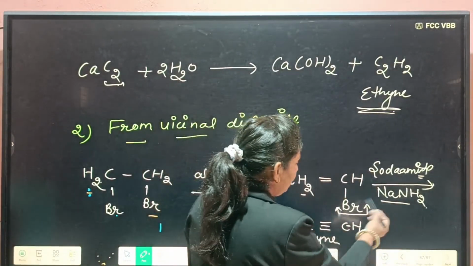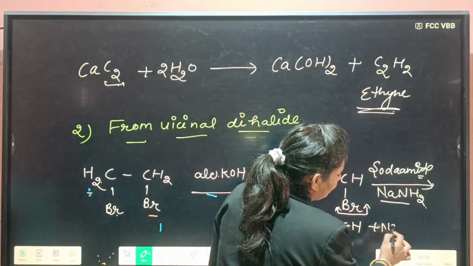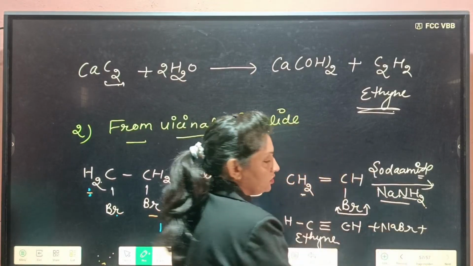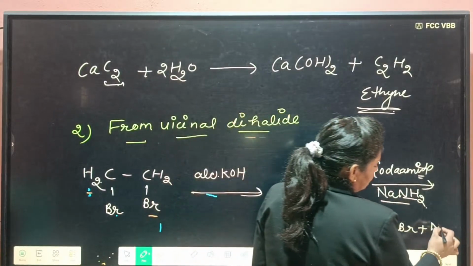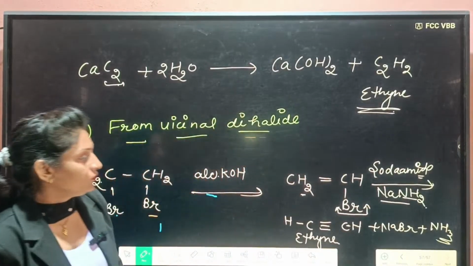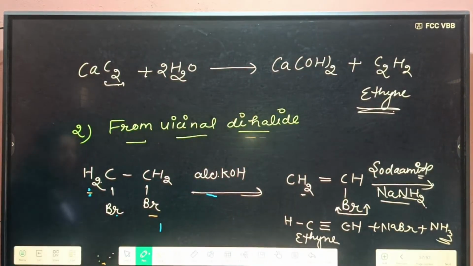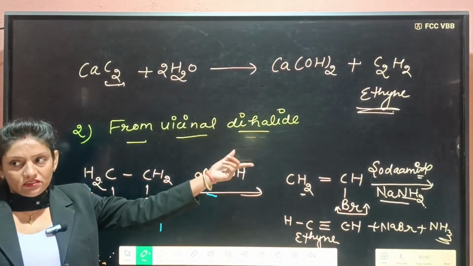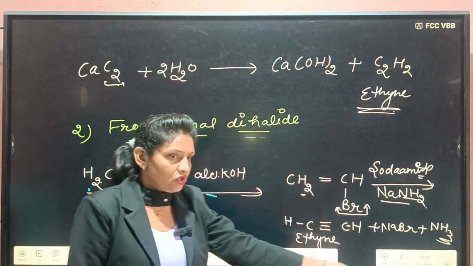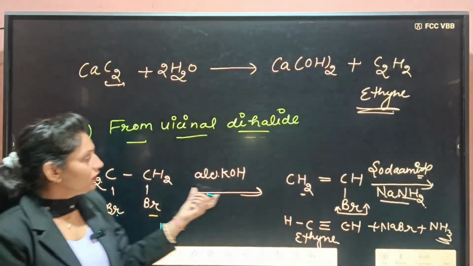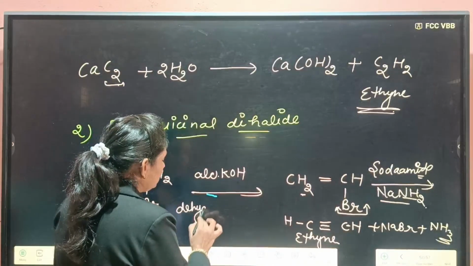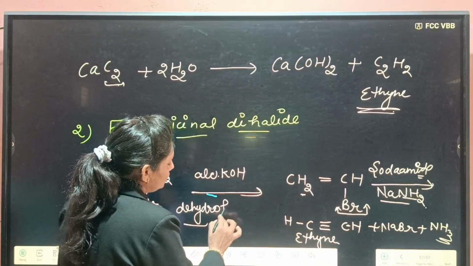And NaBr, these are the byproducts, plus NH2, and one hydrogen you removed from here gives NH3, ammonia. So students, from vicinal dihalide you can also get the alkyne. You will do a dehydrohalogenation reaction. Already I explained the mechanism of dehydrohalogenation.